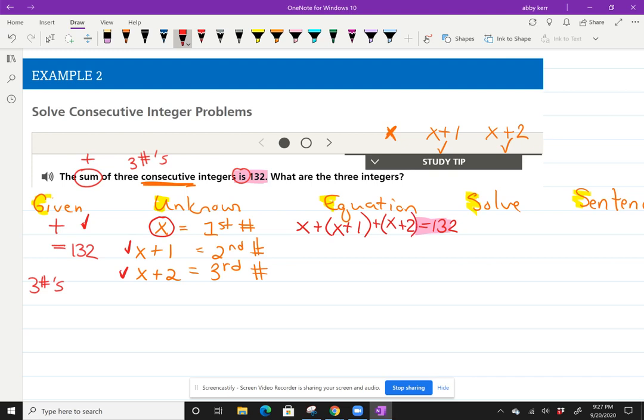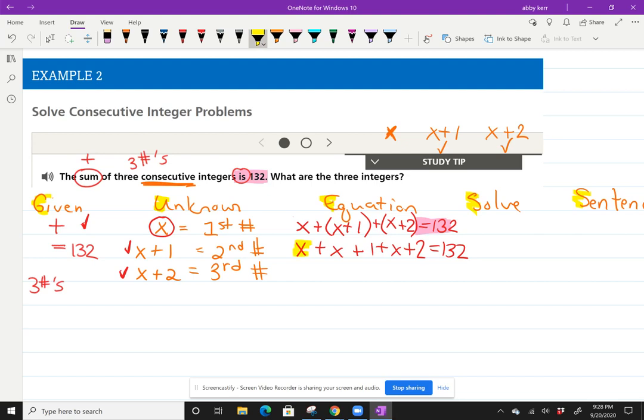Now those parentheses really are not needed. It's just to kind of show you that the x represents the first number, x plus 1 represents the second number, and the x plus 2 represents the third. So if you do not like those parentheses, please, by all means, remove them. Now it becomes a problem where you have to combine like terms.